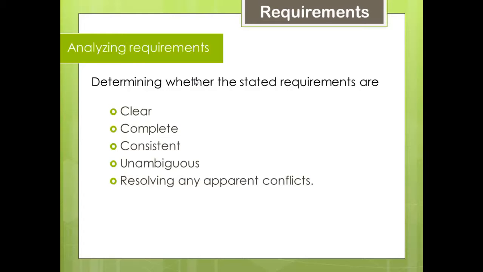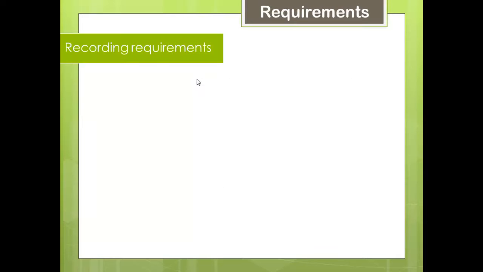We'll call it our requirement. What we want to do as a BA is validate that requirement that we've been given, making sure it's clear, complete, consistent, unambiguous, and resolving any apparent conflicts. Basically, we want to make sure if that requirement is true and we've examined it enough.